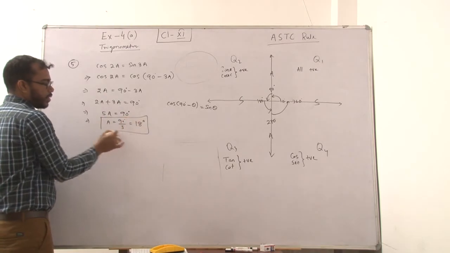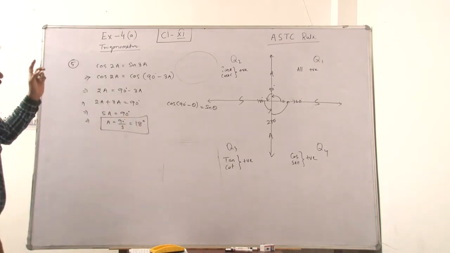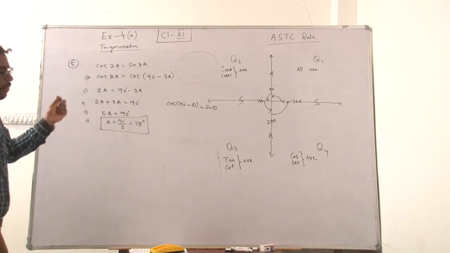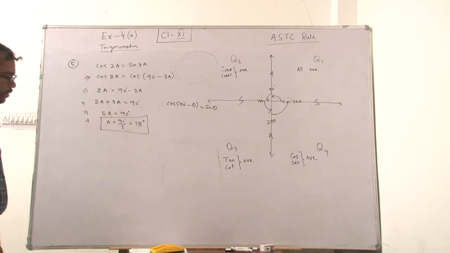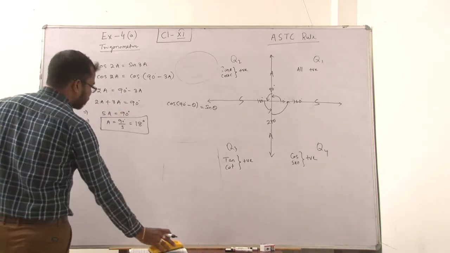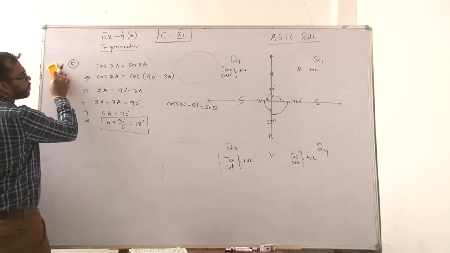So that is the answer. This is the value of A. So next, proceed to question number 6.